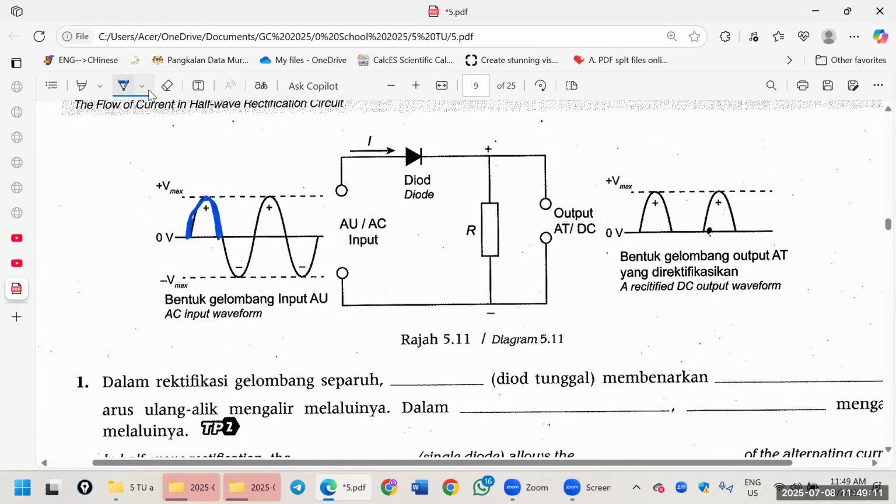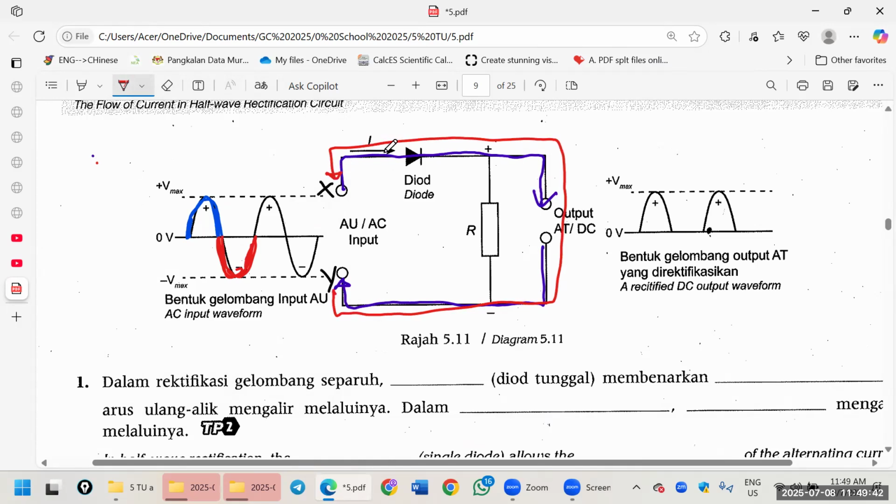So let's say here is X, here is Y. The current will flow from X to the CRO, then come back to Y. Now, how does current flow in red color? It will flow from Y back to X. It's like water flowing left to right, then water flowing right to left.